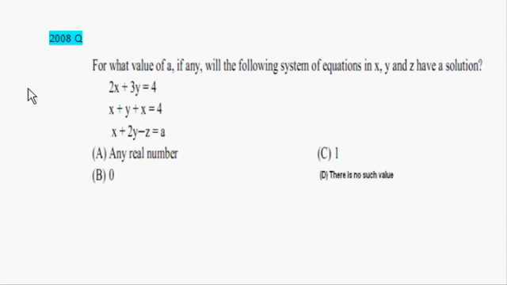This is another 2008 question. For what value of A, if any, does the following system of equations in x, y, z have a solution?